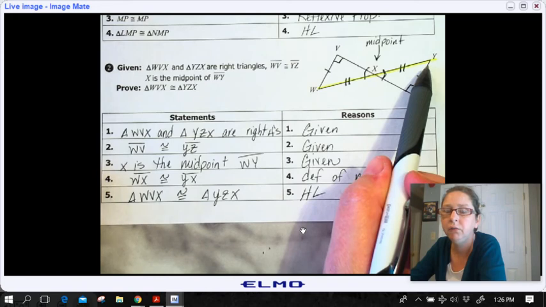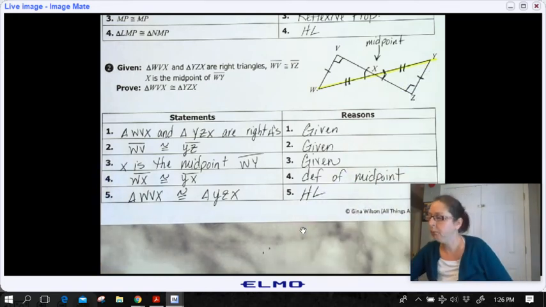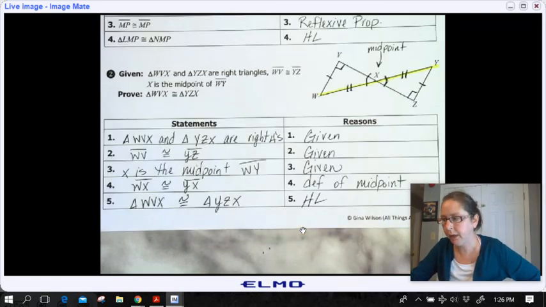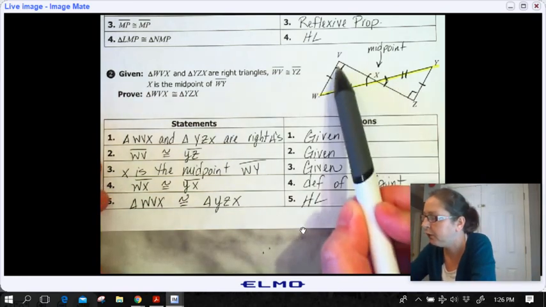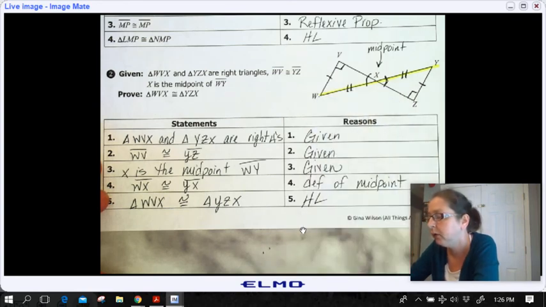And you could have solved this using angle, angle, angle, or tried to. However, angle, angle, angle doesn't prove that the side lengths are congruent. So we still needed to know about some of these sides, but you could have done side, angle, side. Okay.